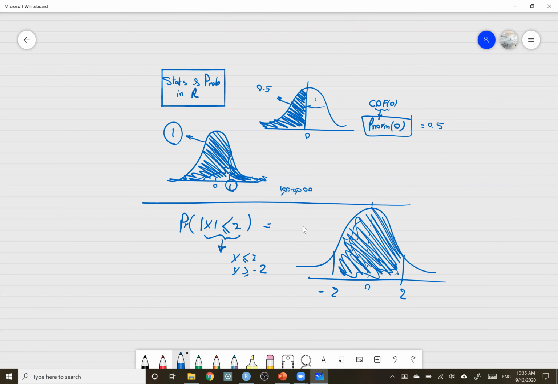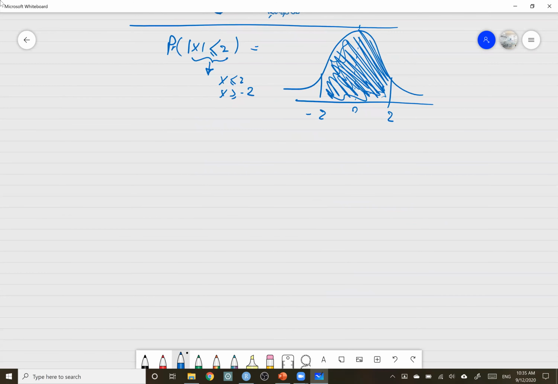I can do it this way. First I can say, calculate this area for me. Because I know it's symmetric, this area is going to be the same. So I do 1 minus 2 of these guys, and that's the answer, right? So how can I calculate the green one here? Normal is symmetric, so it's going to be the CDF.